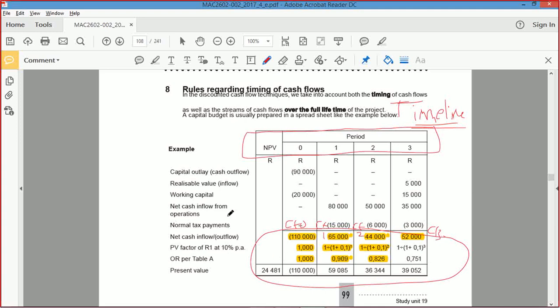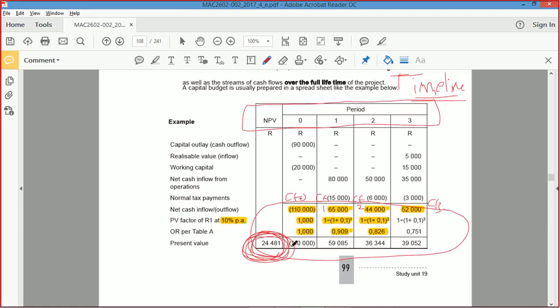What rate are they using here? 10%. I want you to solve for the net present value. Do you get that answer? So type in negative 110000, press the plus minus button, then press CF on your HP.